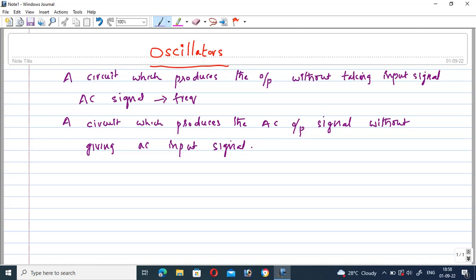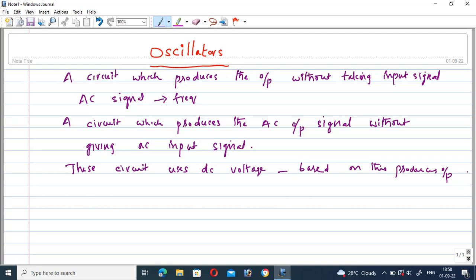But in this case, these circuits use a DC voltage, and based on this they produce the output signal. We are not providing the AC input, but with the help of a DC signal in the circuit it produces the output signal. That is nothing but an oscillator.